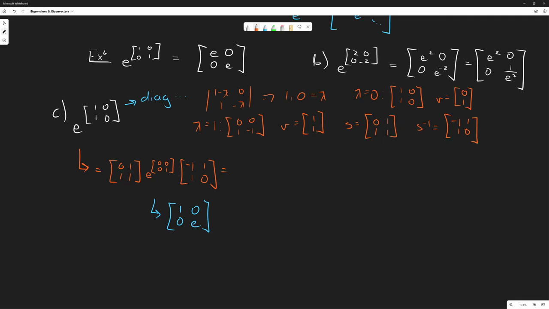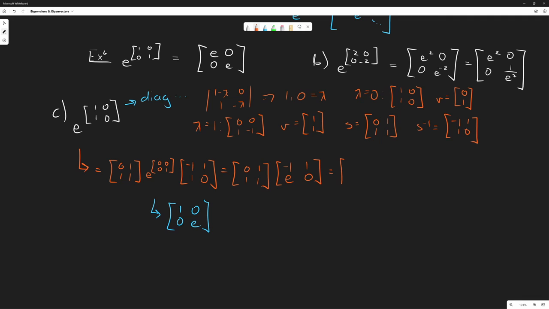So when you do the multiplication, you will get 0, 1, 1, 1. And then over here we'll have 1, 0, 0, e, and then negative 1, 1, 1, 0.